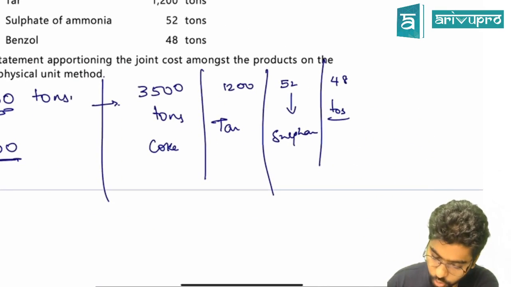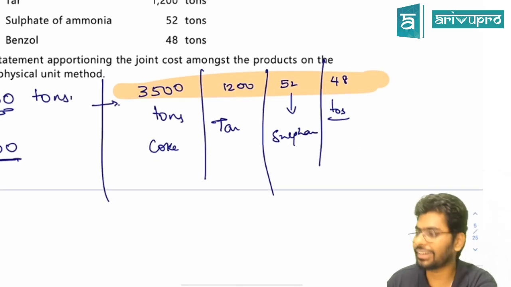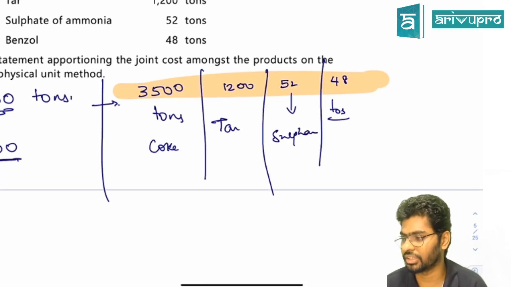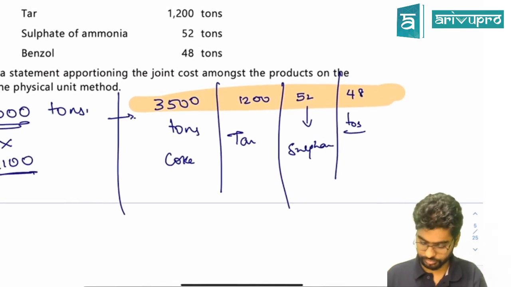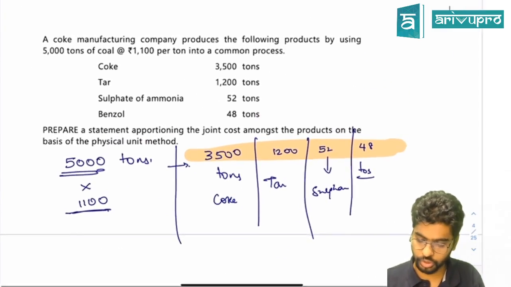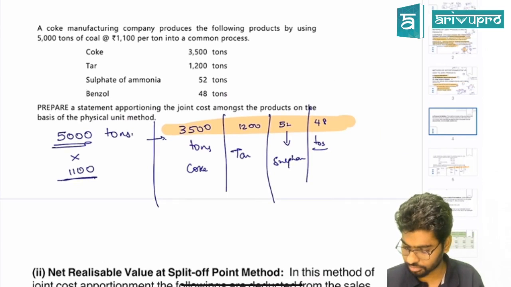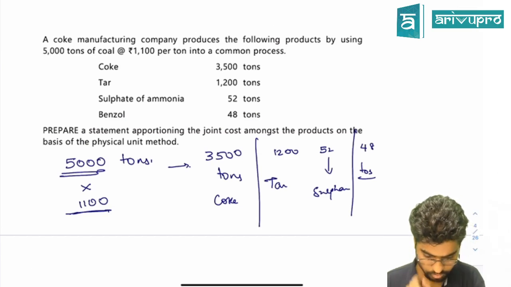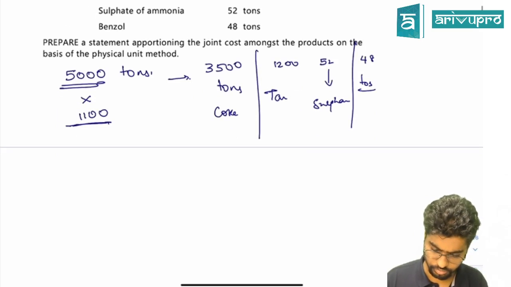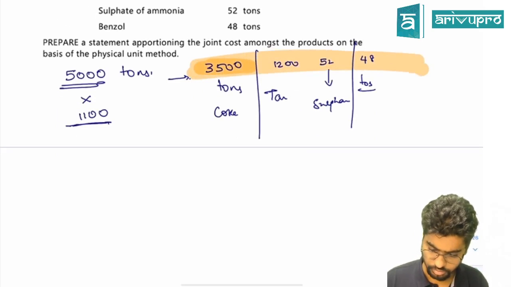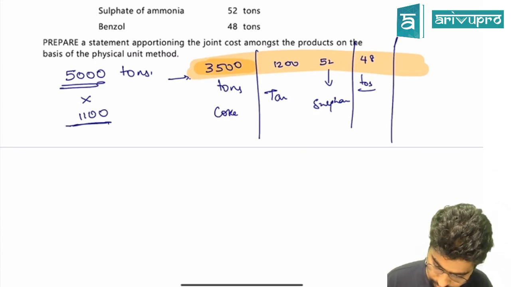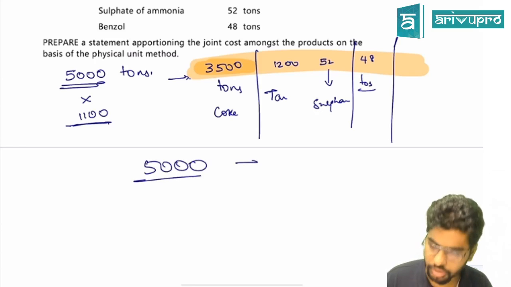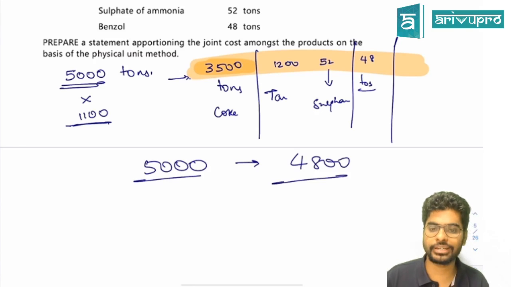Now guys, do the total of all of this. Check, do you get 5,000? Your input is 5,000 and your output is 4,800.